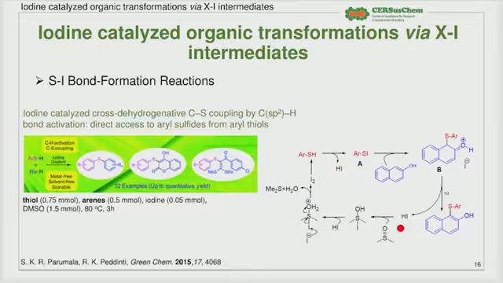Now, the HI in the presence of DMSO, which is the oxidant for this transformation, results in the iodinated hydroxy species, which with the elimination of water and dimethyl sulfide recovers the catalyst, which re-enters the catalytic cycle.